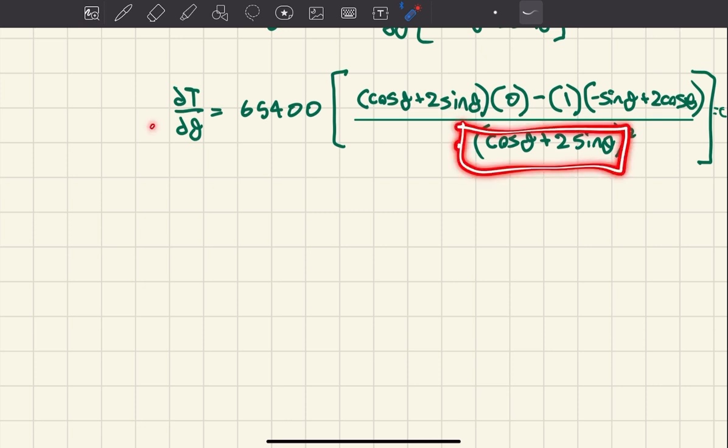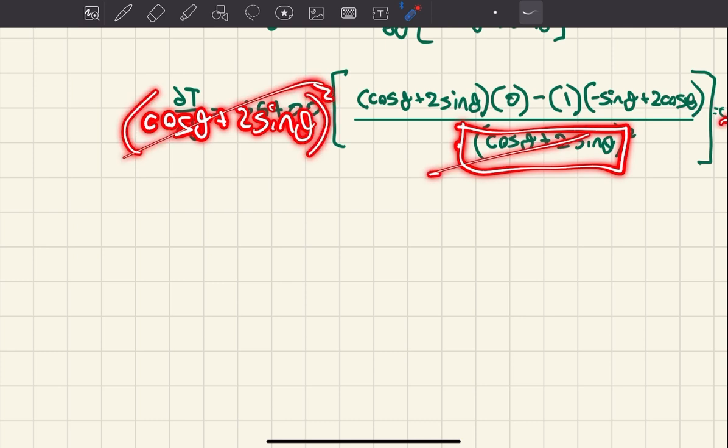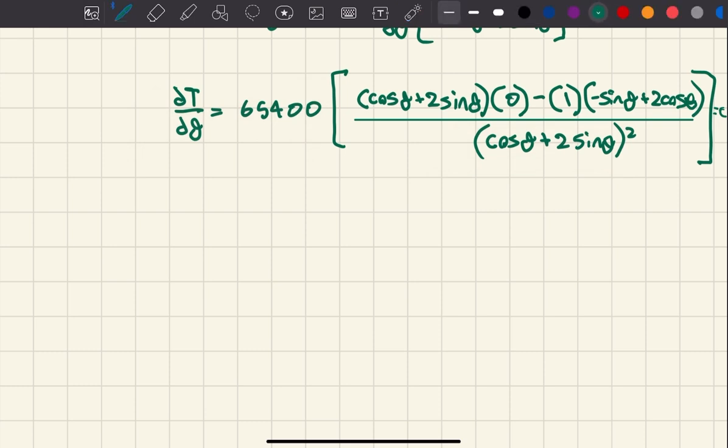So if you multiply by cosine theta plus 2 sine theta squared, these two cancel out, and there's 0 on the other end, so it's just 0. Another simplification is 0 times this guy, so that just cancels out. What you're left with, you can also divide both sides by -1, so you're literally just left with this part right here, and that's what we're going to write.